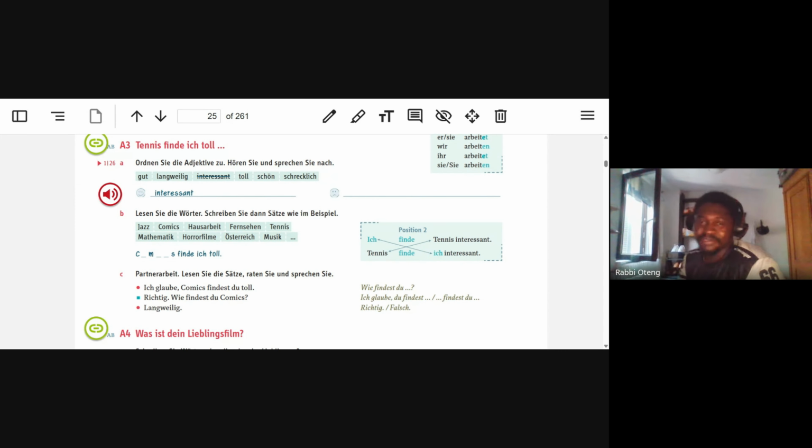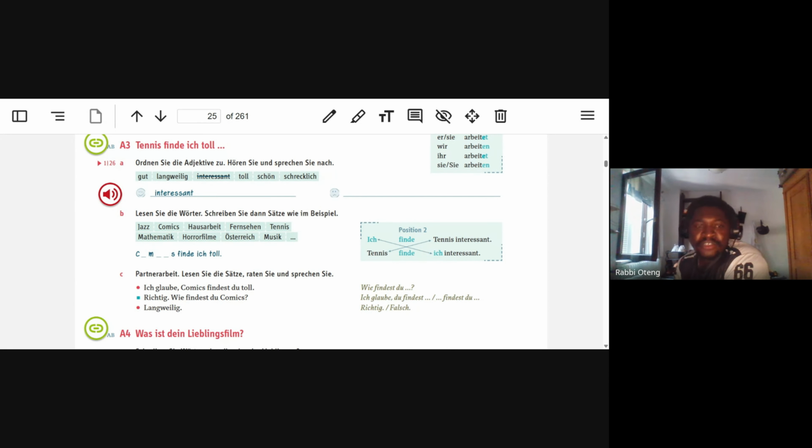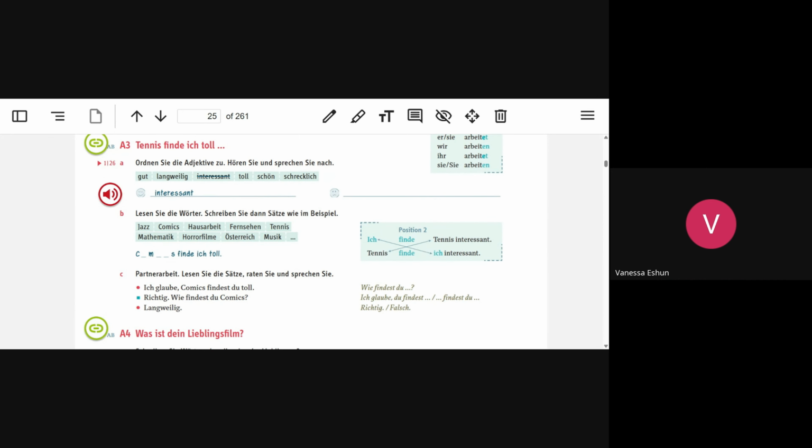See, right now I've written the sentence I want, not in the German form, but I'm trying to conjugate. My brother is good in mathematics. You said your brother is good in mathematics.